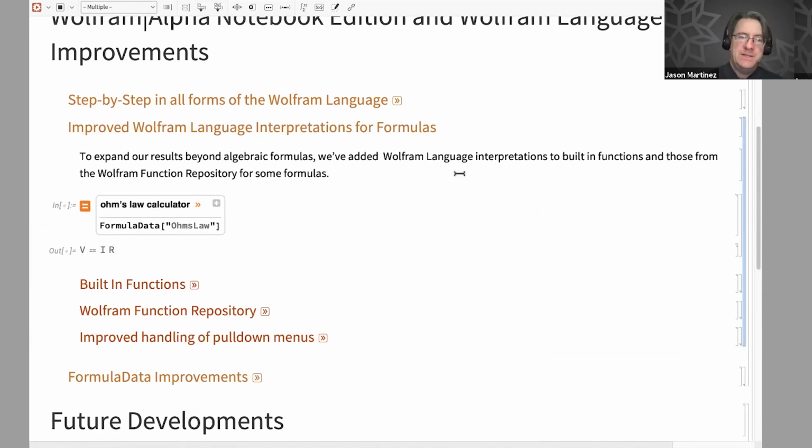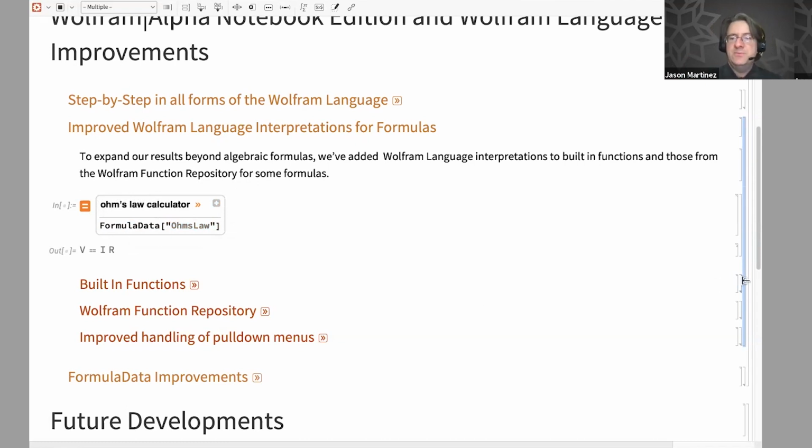So for example, the interpretations for these formulas. So you could always ask Wolfram Alpha, what is the equivalent Wolfram language form for a given formula? And for many formulas, this will be FormulaData. The simple, easy to understand ones.